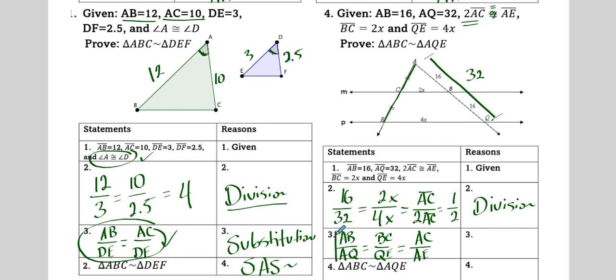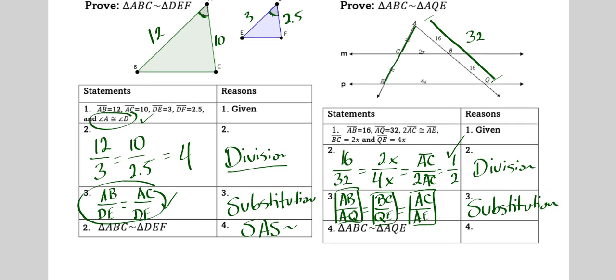That's what I need. I need to relate all three pairs of my sides to each other and say that that proportion is true. Saying that they all divide to the same ratio means that that proportion is true. So I can substitute into that true proportion to show it. And so by side, side, side similarity, we have similar triangles.